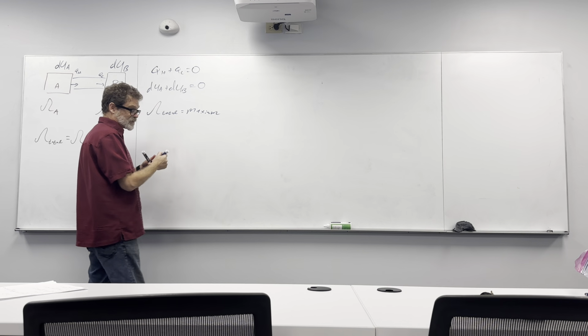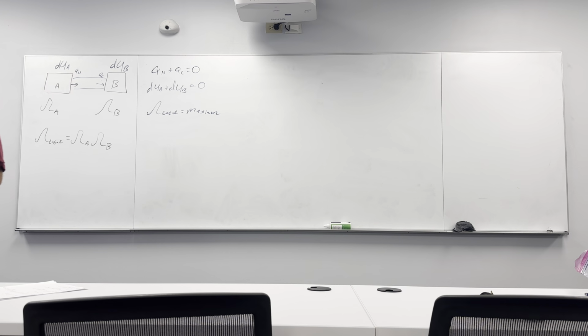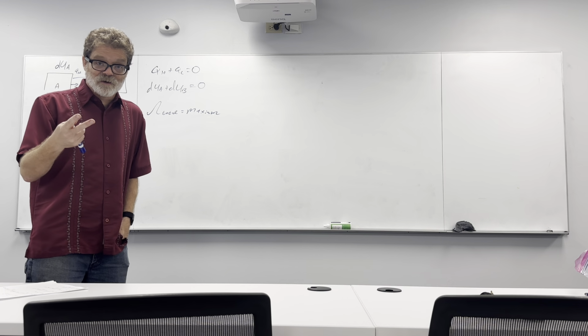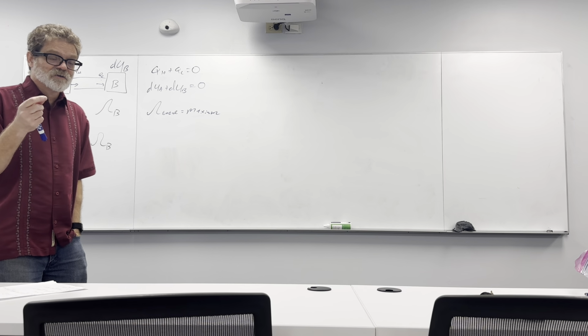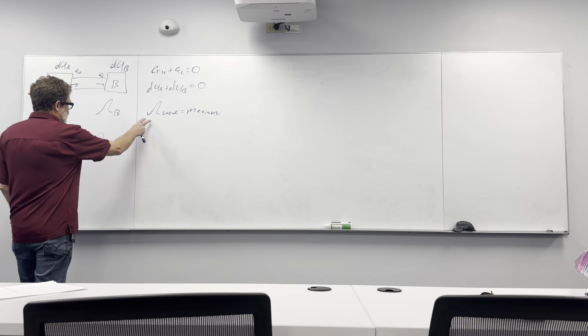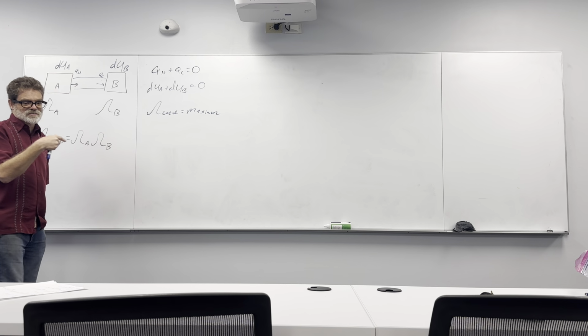Okay, how do we figure out a maximum? What happens at the maximum? Is it the same? Not necessarily the same, no. The derivative is 0, right? Or a change would be 0. So at this maximum, any change should be 0.